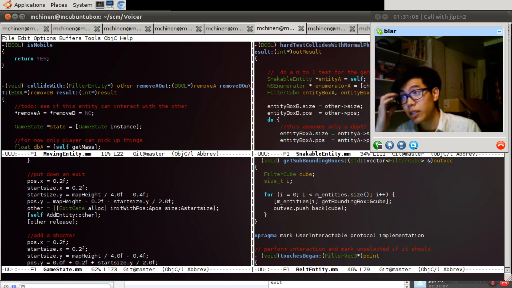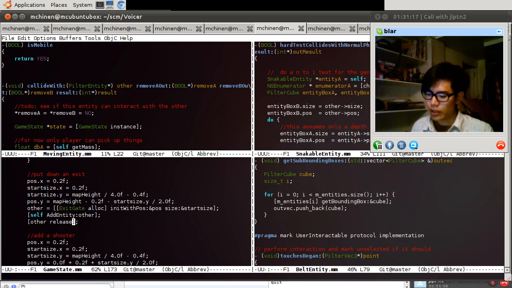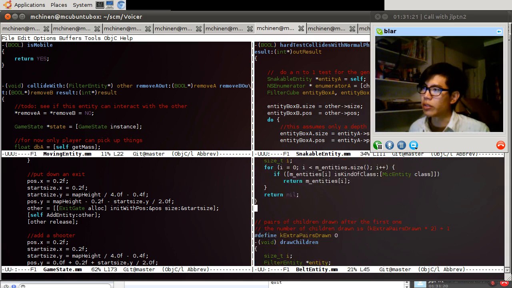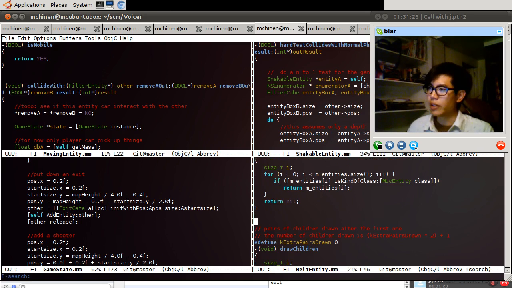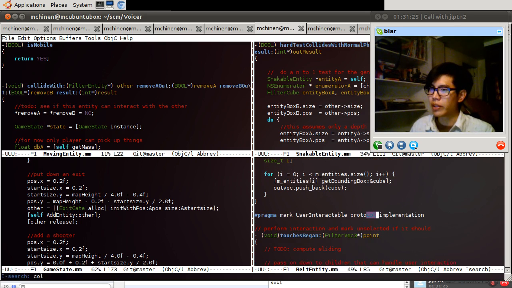but what we do want to do now is take the collisions in belt. So belt doesn't get its hard test collision code called, but it does get its collide with message when it collides.